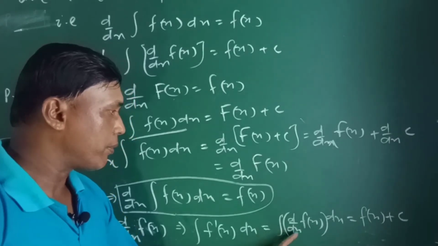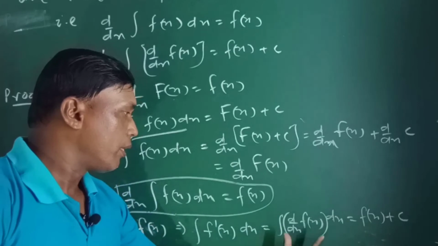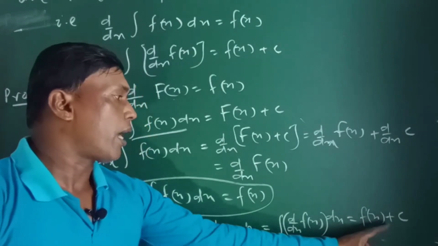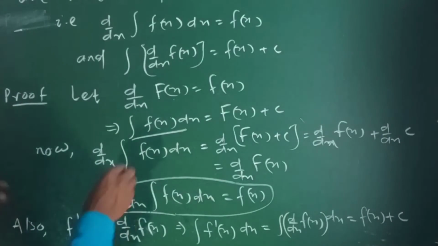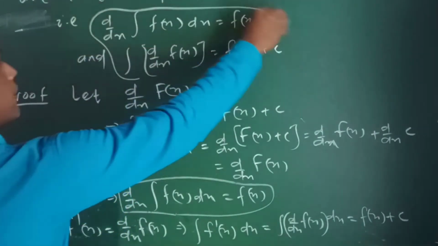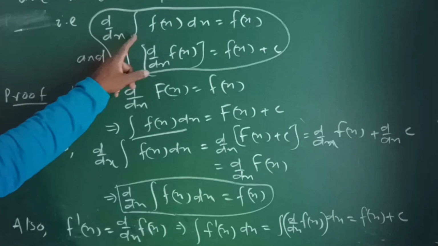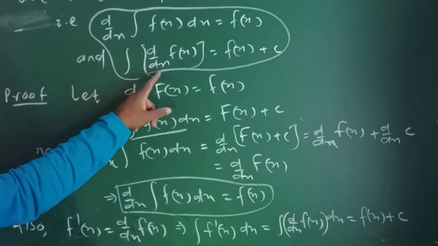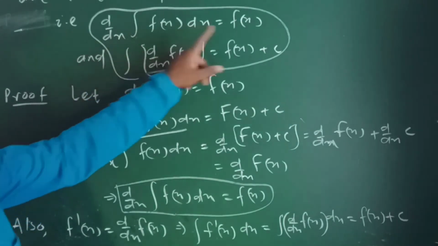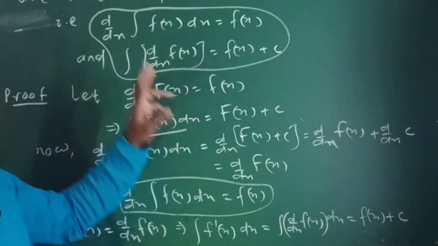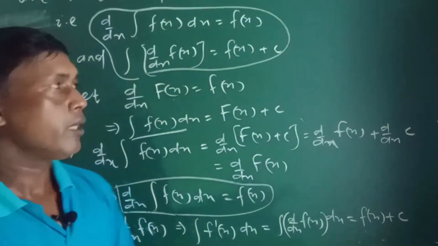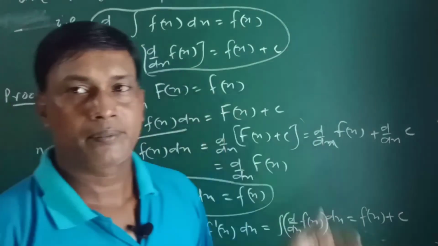That means integration of a derivative is f of x, but for integration we have to add a constant, so this is f of x plus c. So we find two important things: derivative of integration is the function, but integration of a derivative is the function plus a constant. These two are inverse to each other, but they appear like this.